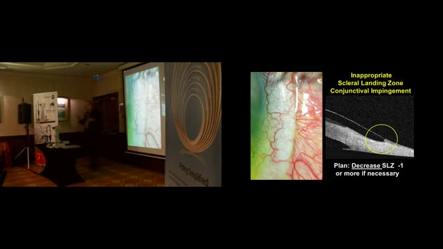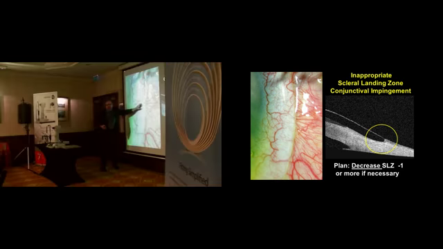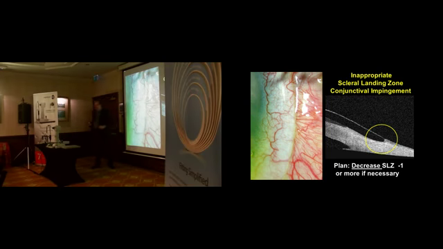Here is where we run into problems with scleral lenses. We'll apply the contact lens, we'll leave the lens on for 1, 2, as many hours as you can, and then when we view the patient, we see that the periphery of the contact lens has embedded itself into the bulbar conjunctiva.